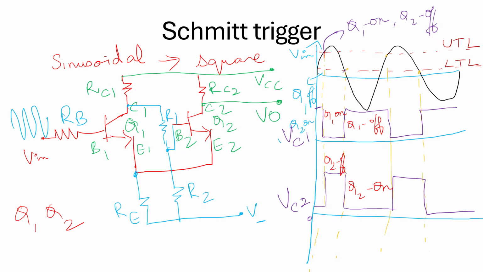So when an input AC signal is applied to the base of the transistor, as it increases to the voltage sufficient to overcome the reverse bias of transistor Q1 or reaches the upper triggering level, the transistor Q1 starts conducting. The point at which the transistor Q1 starts conducting is called the upper threshold level.